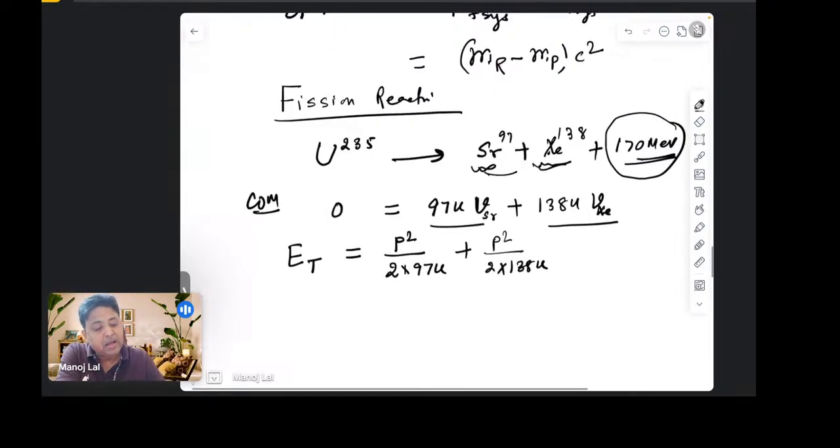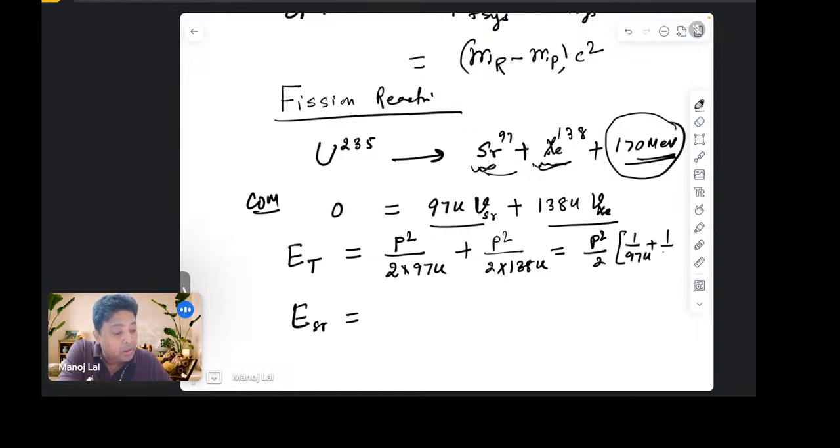So the energy will be P square by 2 times (1 by 97 u plus 1 by 138 u), right? And the energy of strontium will be P square by 2 into 97 u.